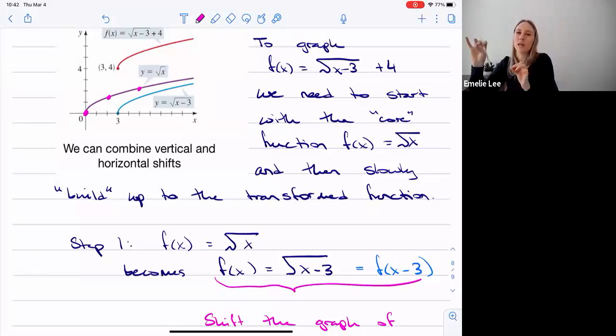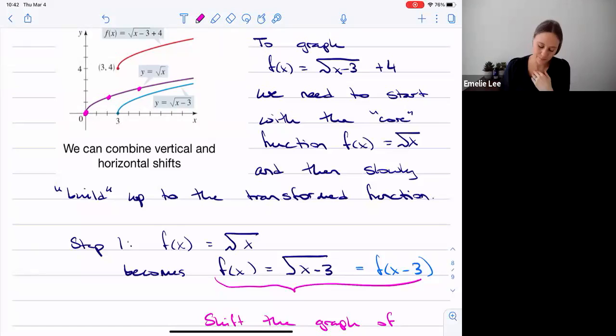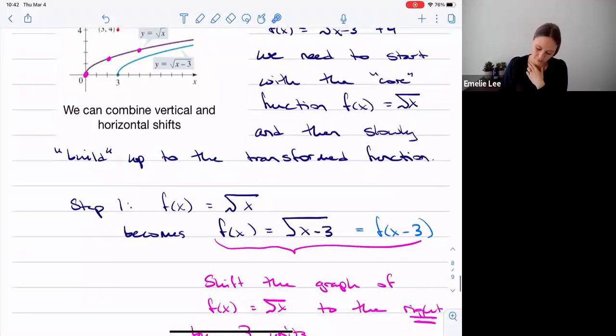Shift all those x's over to the right by 3. Here they've already done it, and it's not something that I'm going to get you to do. We can use Desmos to check our work, but just being able to identify that the first thing is to shift over by 3 units to the right.